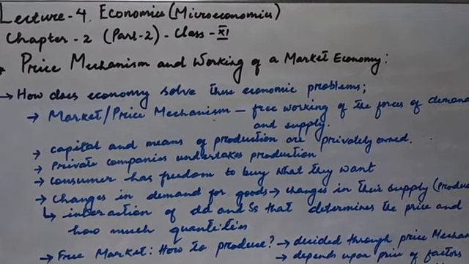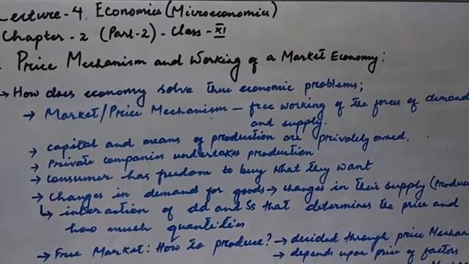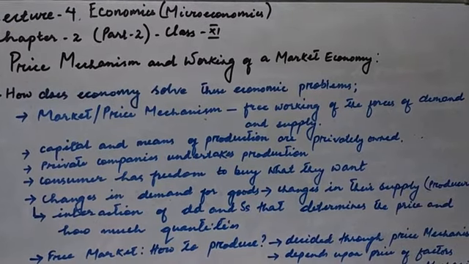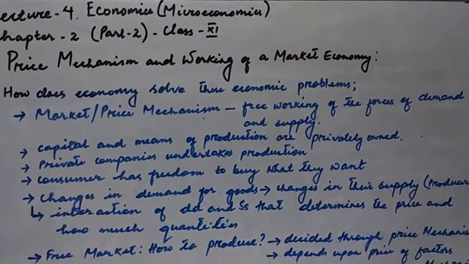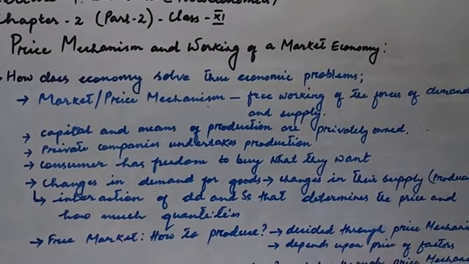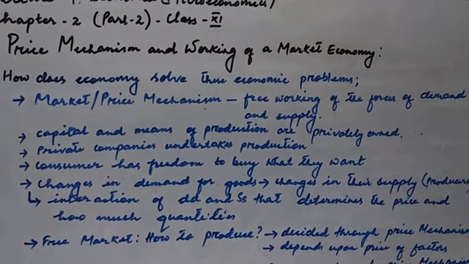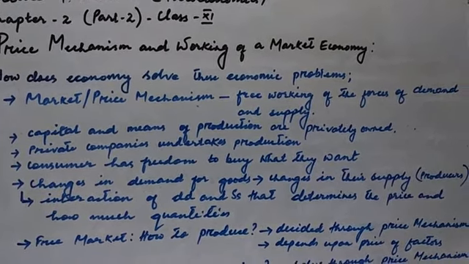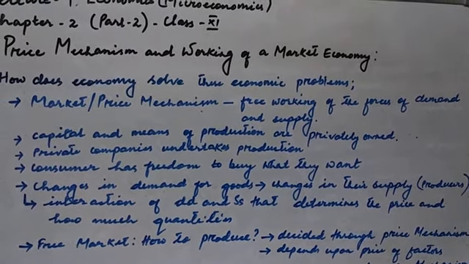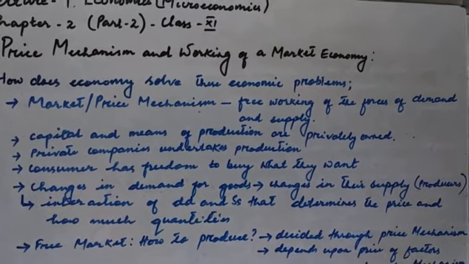By market forces or price mechanism, we mean the free working of the forces of demand and supply. What goods and in what quantities, how to produce, and how to distribute the goods and services are all determined by the free working of the forces of demand and supply. Again, I repeat, it is the free working of the forces of demand and supply.